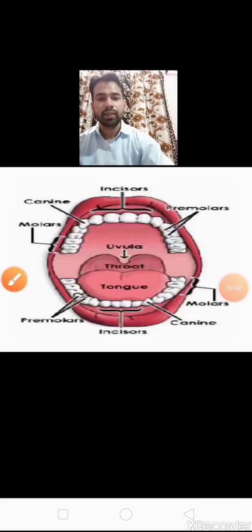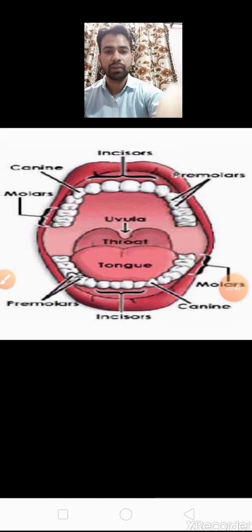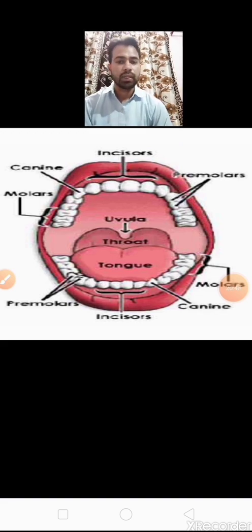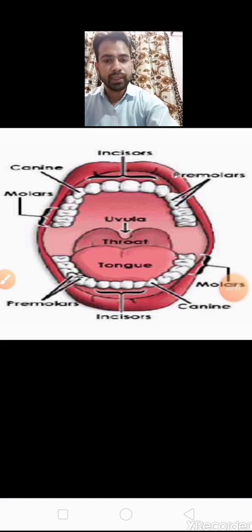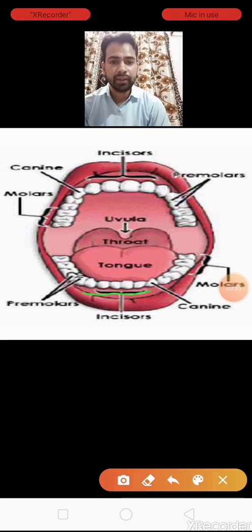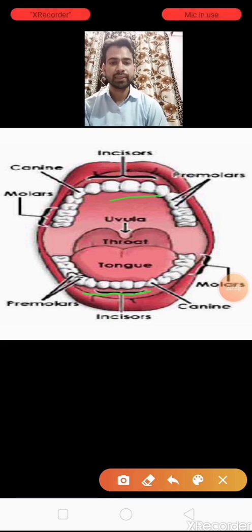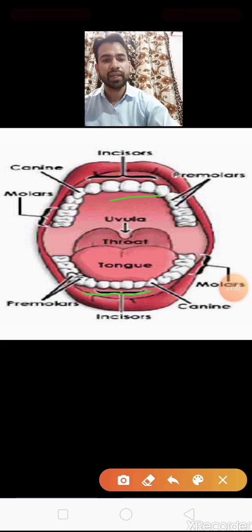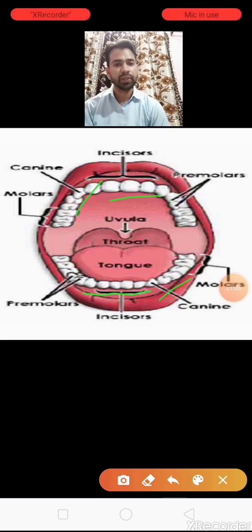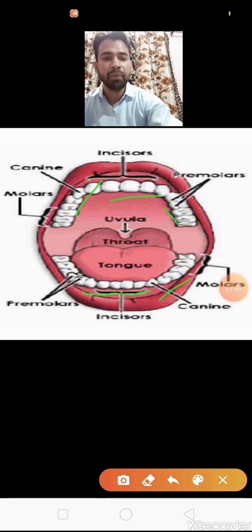Okay, now see this diagram. You can easily observe there the first, that is incisors. See, those are incisors here. In the upper jaw also incisors. Then after that canines, upper jaw, lower jaw. Then here premolars are there.